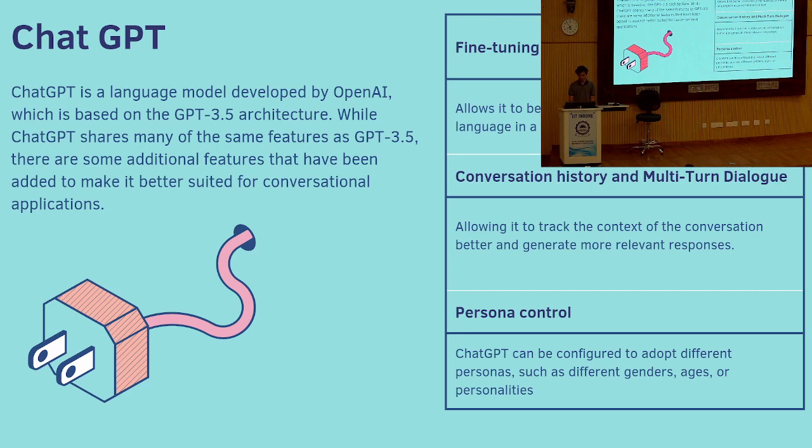Then we have conversation history and multi-turn dialogue, which basically means that, as you may have experienced while using ChatGPT, it can remember context which happened previously in the history of your conversation and can answer based on that history. And we have persona control, where it can be configured based on your request to adopt different personas such as genders or personalities.